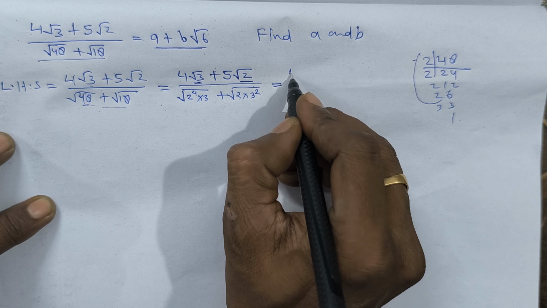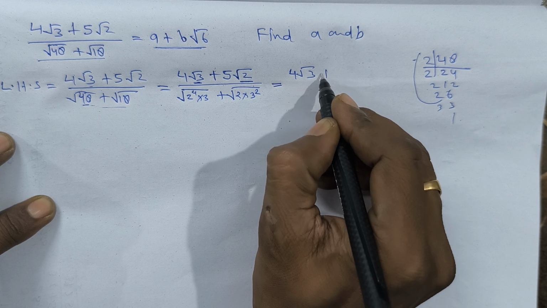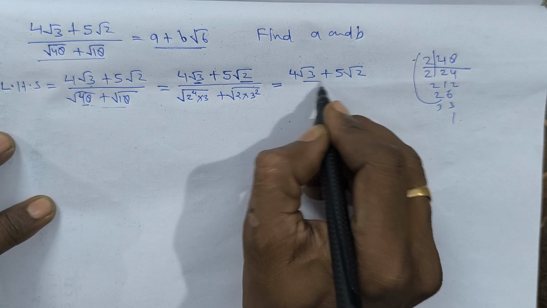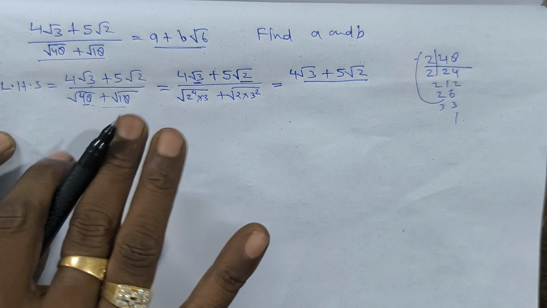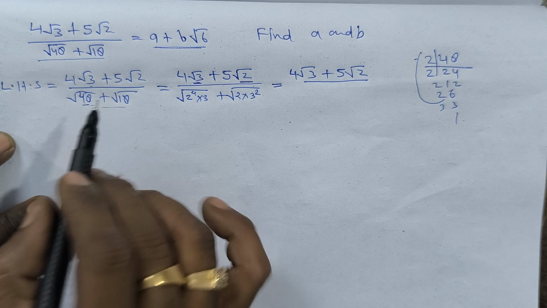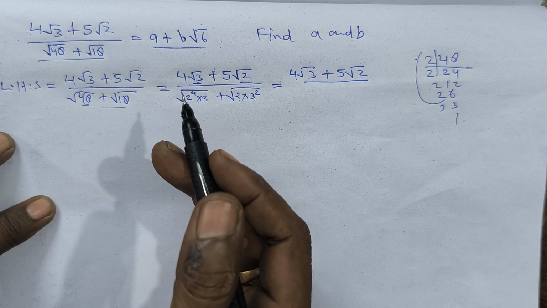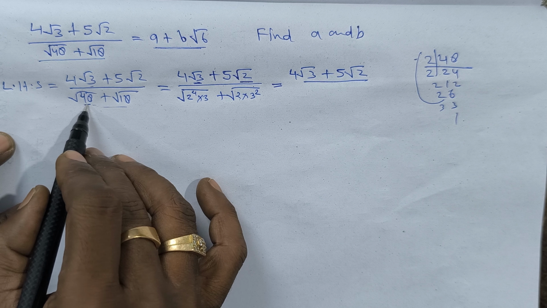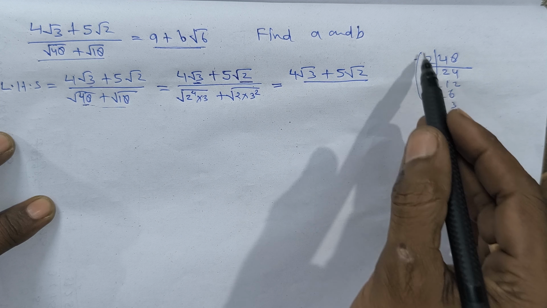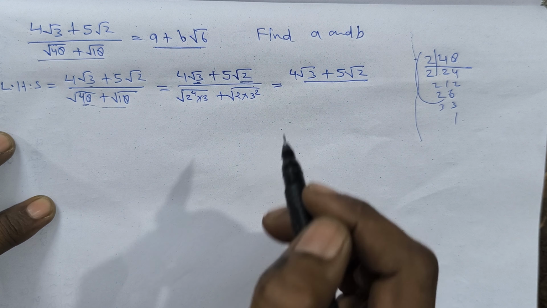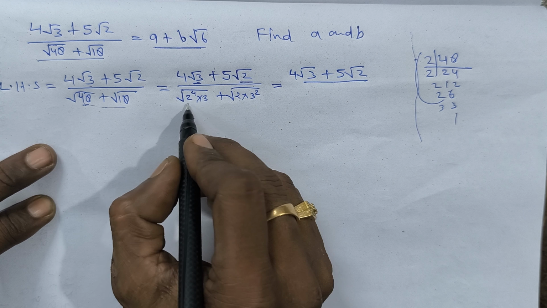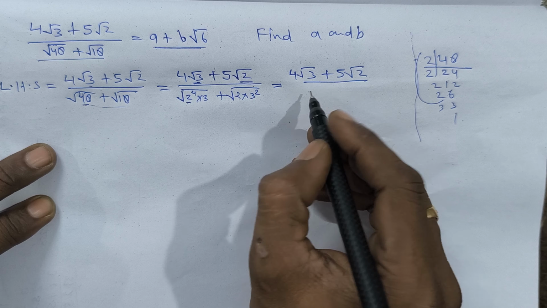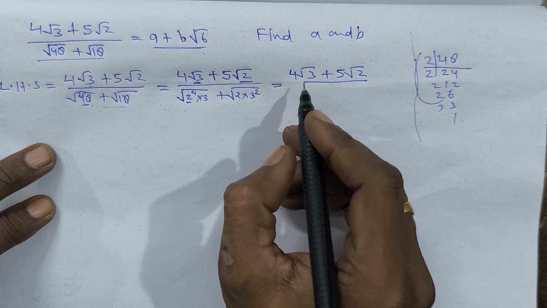Now we have 4 root 3 plus 5 root 2. Whenever any question has big non-prime numbers, factorize them into prime factors. Now we have 2 power 4 inside the root, so how much power will come outside?